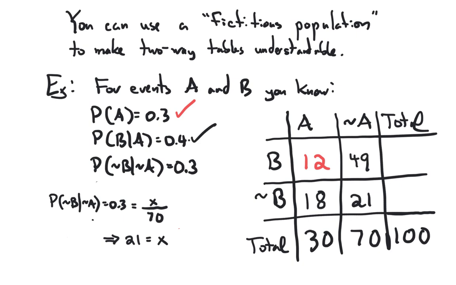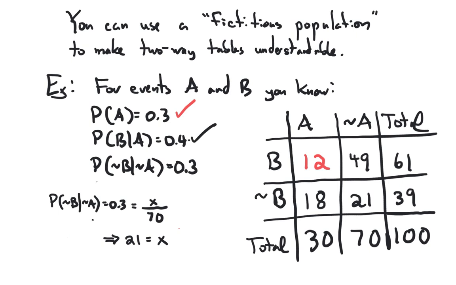And then we can just total our rows here, since we already totaled our columns. 12 plus 49 is 61. And 18 plus 21 is 39. And we can do a sanity check. 61 plus 39 is indeed 100. So it looks like we did this correctly.